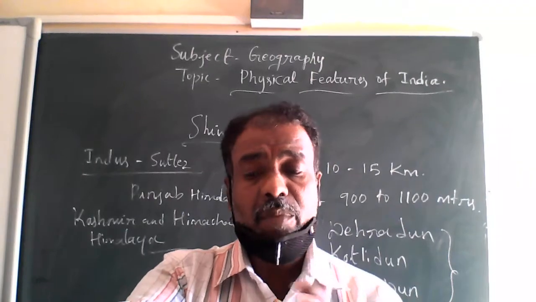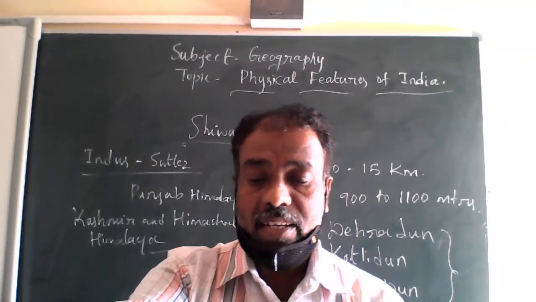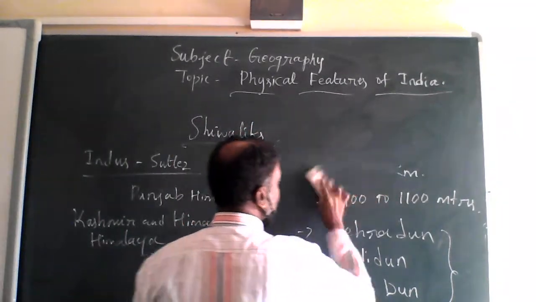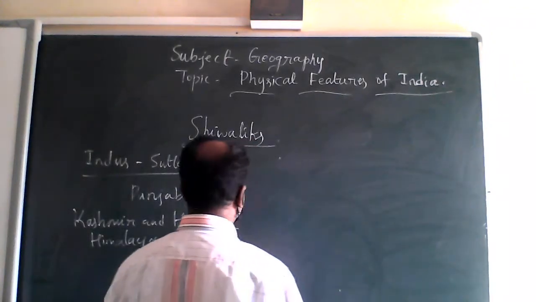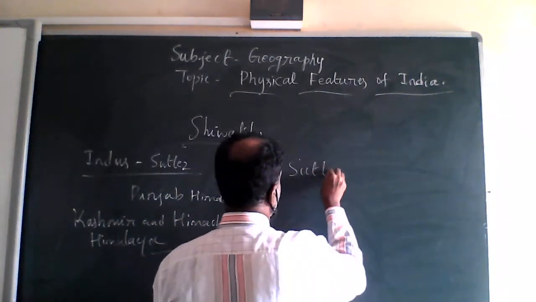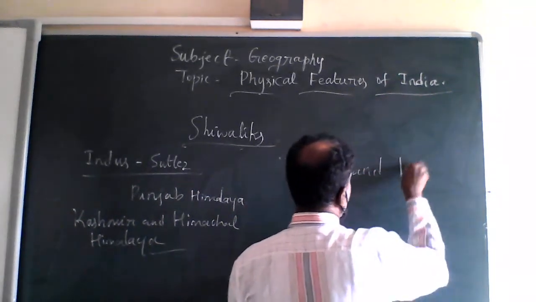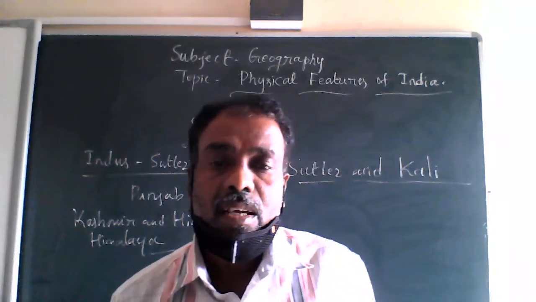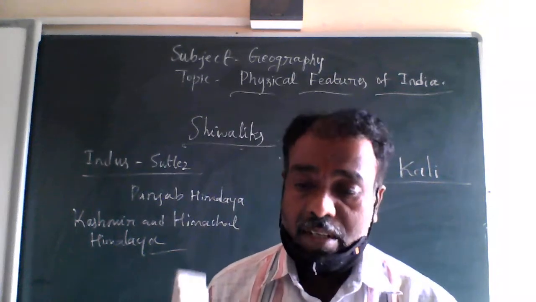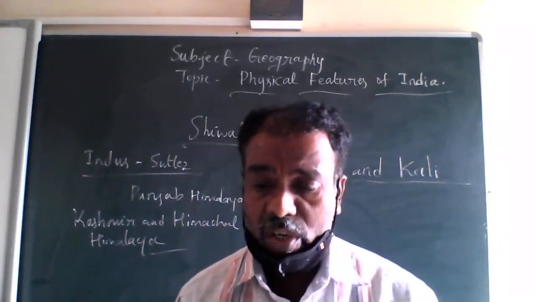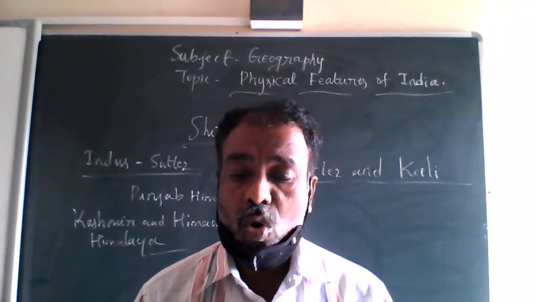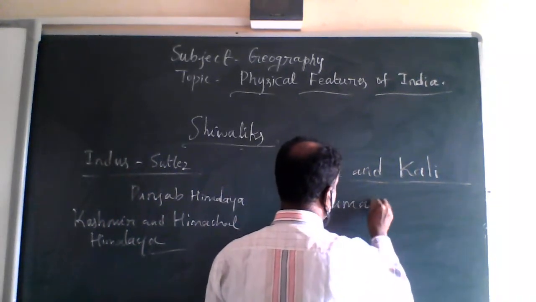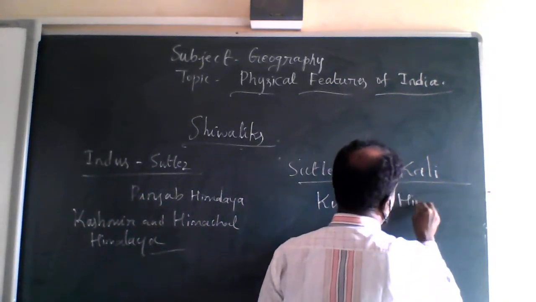The part of the Himalayas lying between the Satluj and Kali rivers is known as the Kumaon Himalayas. Getting it now? The part of the Himalayas lying between the Satluj and Kali rivers is known as the Kumaon Himalayas.